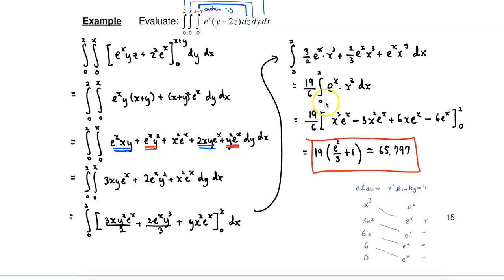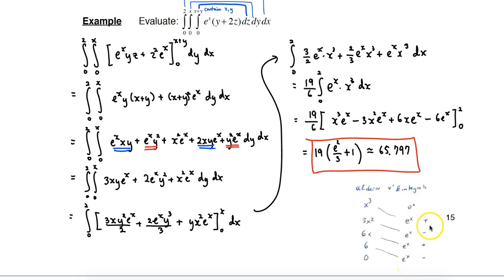Therefore, the integral of e to the x times x cubed is, you go like a shoelace in diagonal, and you alternate the sign. So x cubed times e to the x minus 3x squared times e to the x plus 6x times e to the x minus 6 times e to the x.